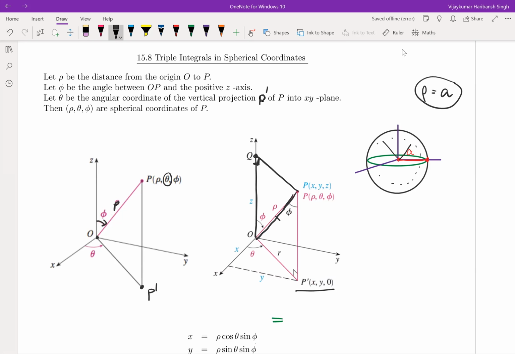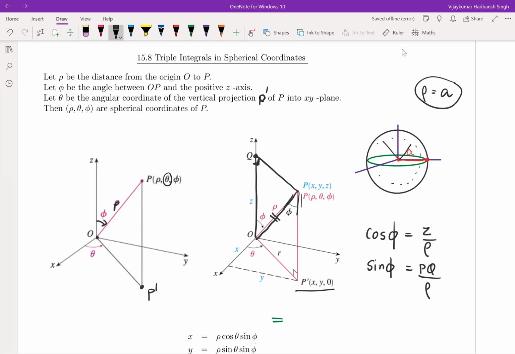So that means the hypotenuse is going to be this side. Let's see what cos phi is. Cos phi is going to be the adjacent side, which is z, over the hypotenuse, which is rho. And sine phi is PQ, the opposite side, divided by rho.